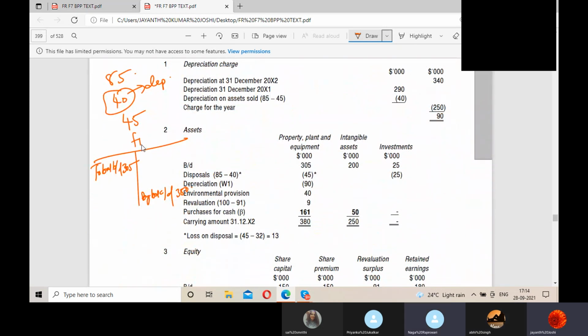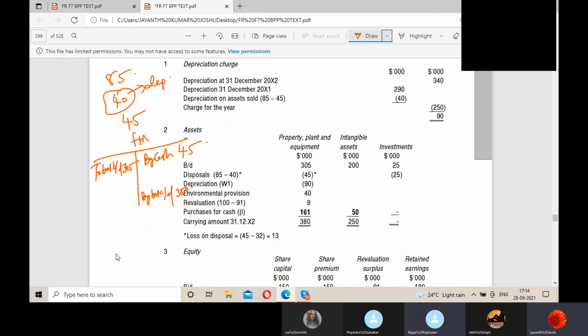So in fixtures and fittings, can I write by cash? Yes, sir. So this asset is sold completely. The profit or loss is already adjusted in the statement of cash flow from operating activities. Now, what is the depreciation on asset?